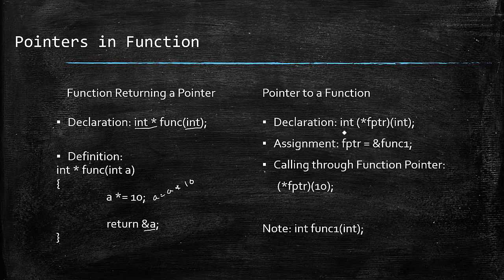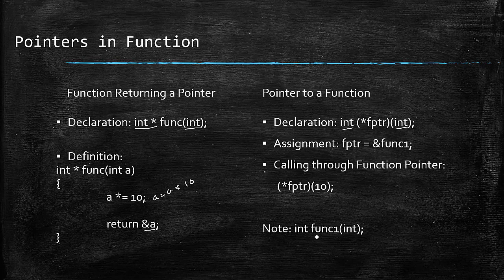Let us first see the declaration of the pointer. Here we are saying that APTR is a pointer which will point to a function which takes an integer value as an input argument and is going to return an integer value. See the fancy1 function declaration.